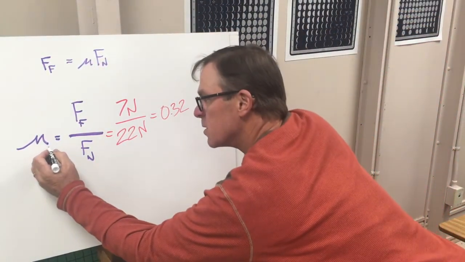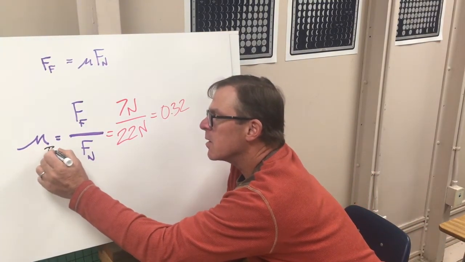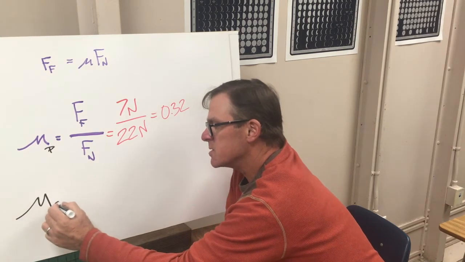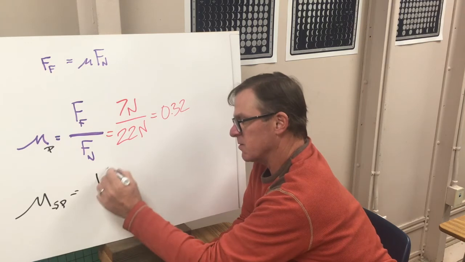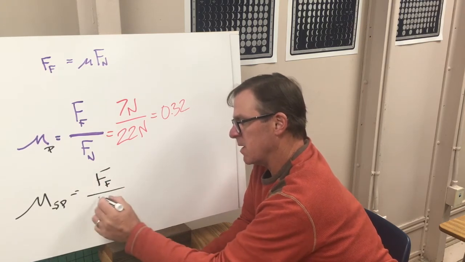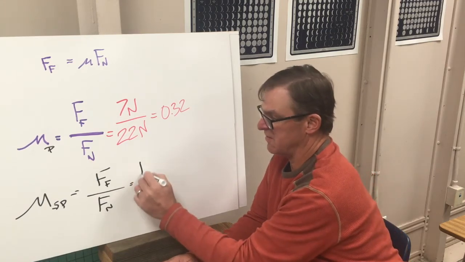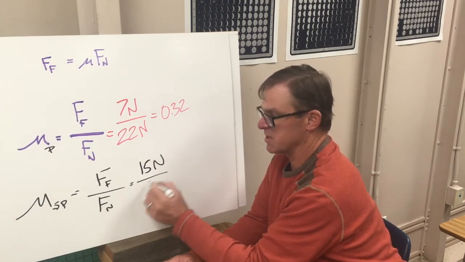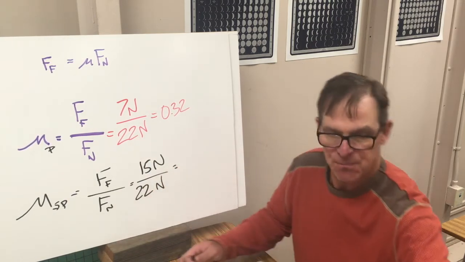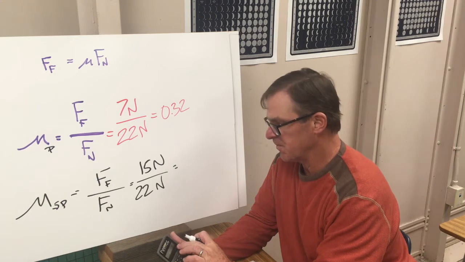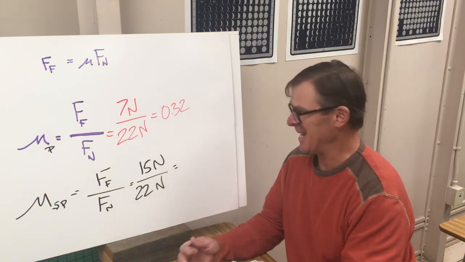So this was mu paper, and this is mu sandpaper. Mu is the friction force divided by the normal force. The friction force, though, was 15 now, and the normal force was the same 22 newton brick weight that we had before. 15 divided by 22 is 0.68.